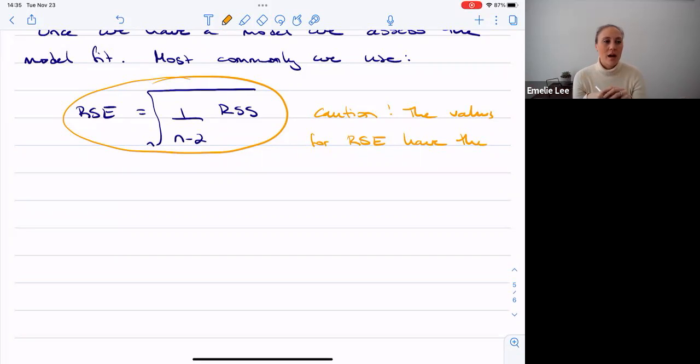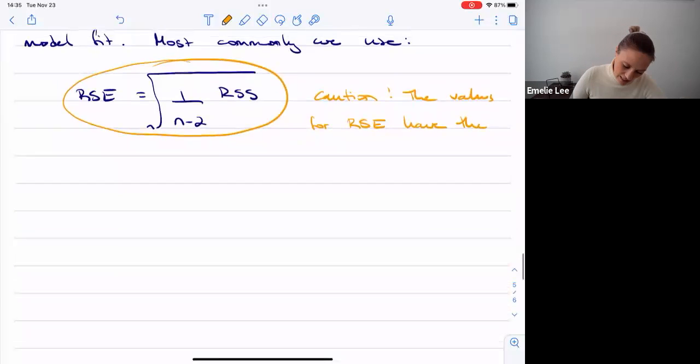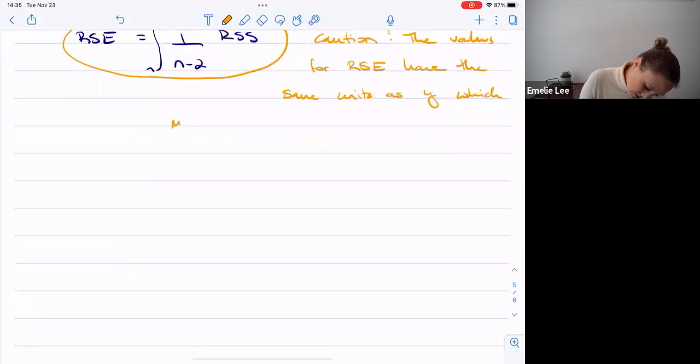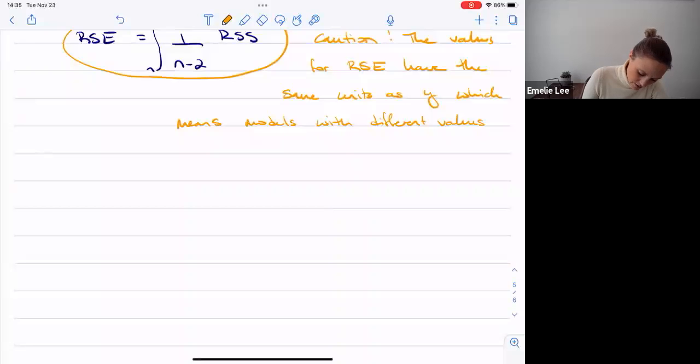So the values for RSE have the same units as y, which means models with different values of y can't be compared using the RSE.